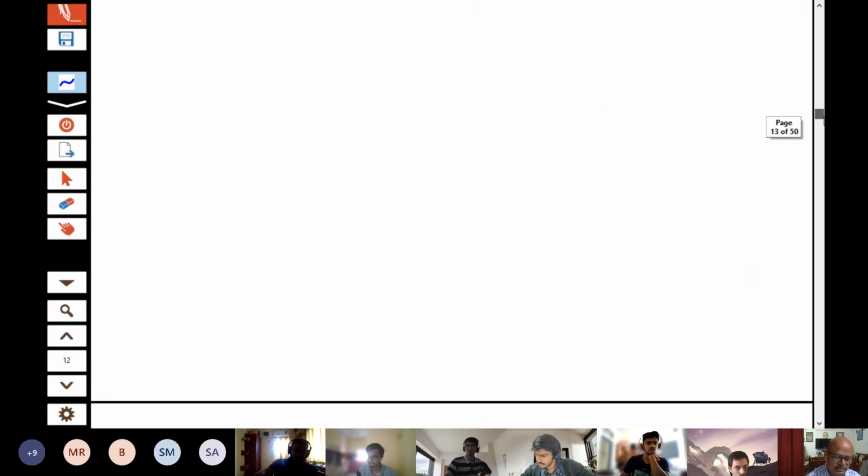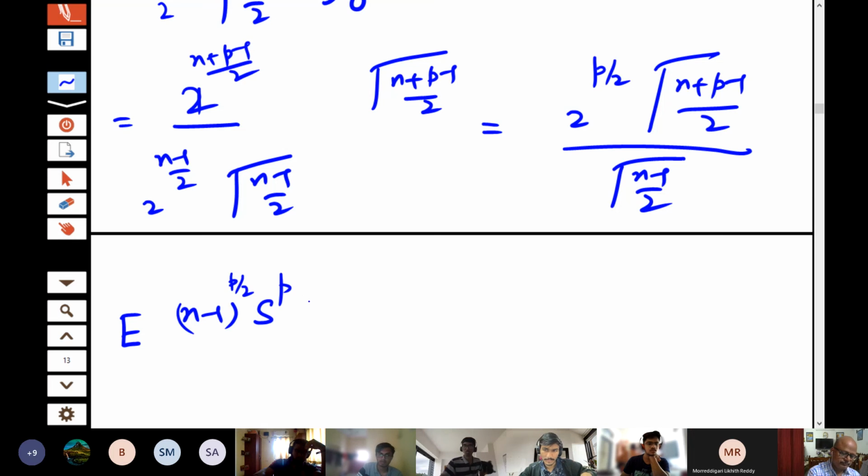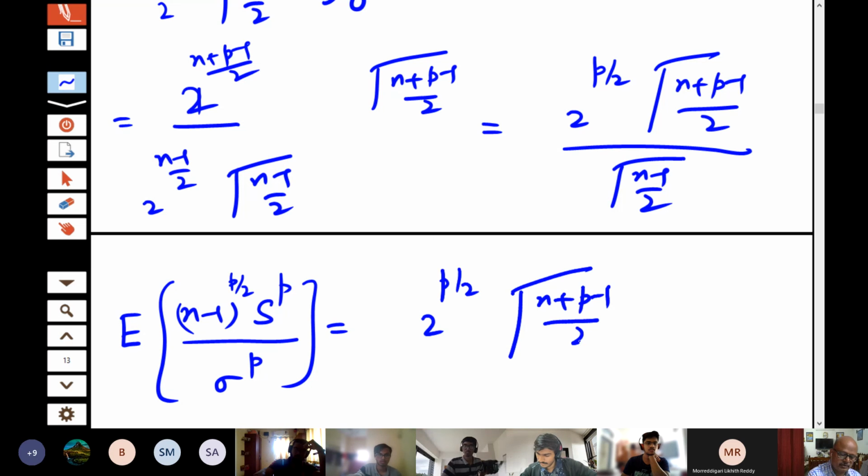So that will give you the solution now, because expectation of n minus 1 s square by sigma square to the power p by 2, that is equal to this term, that is 2 to the power p by 2 gamma n plus p minus 1 by 2 divided by gamma n minus 1 by 2.